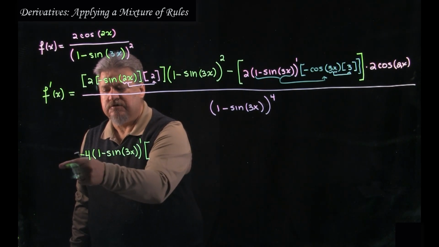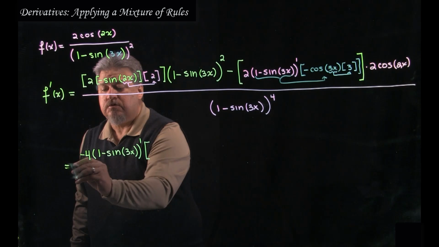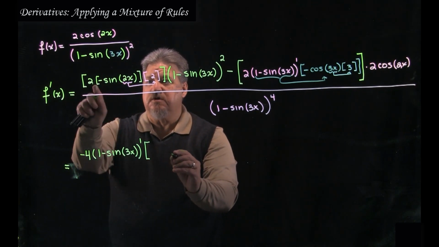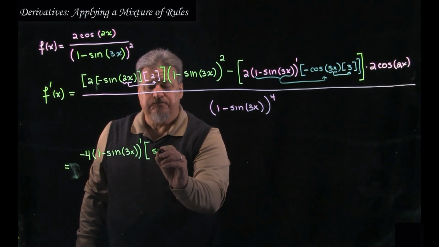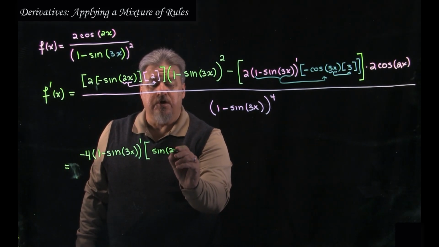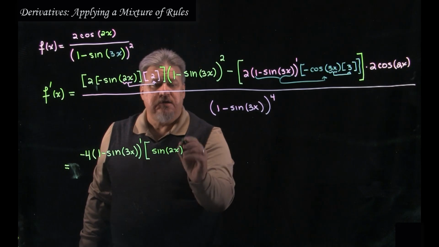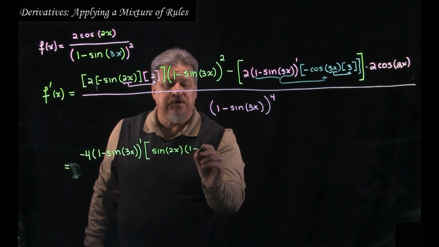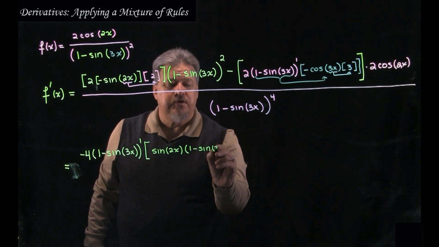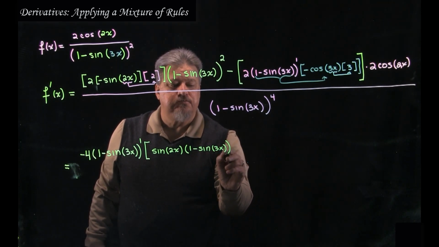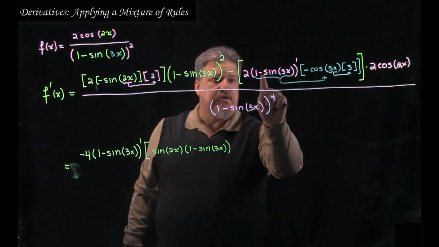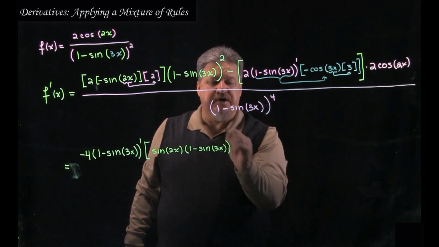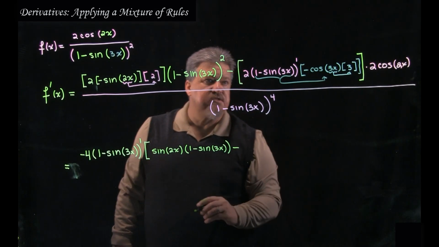Okay, give myself a little more room there. Okay, now, so the negative is gone. We have sine, gone means factored outside, times, now one of these is removed out front, so this is 1 minus sine 3x to the 1st power, which I won't write. Now, negative times negative is positive, but I'm factoring out a negative, so this becomes minus.